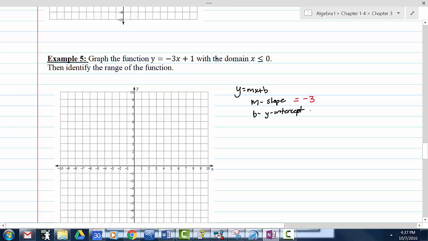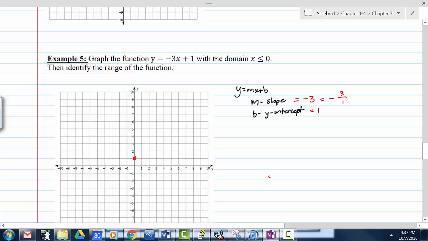And your y-intercept is 1. Right? So we can actually draw a line based on those things. If my y-intercept is 1, I'm intercepting the y-axis at 1. And then from there, the slope is -3, which is -3 over 1.